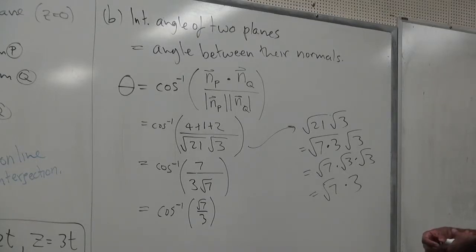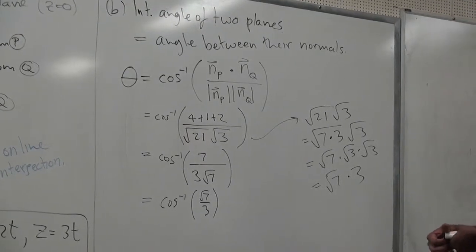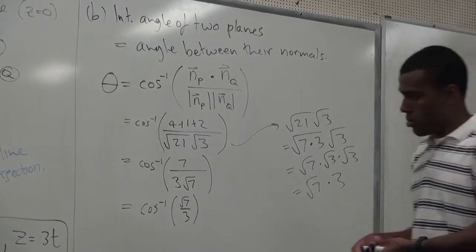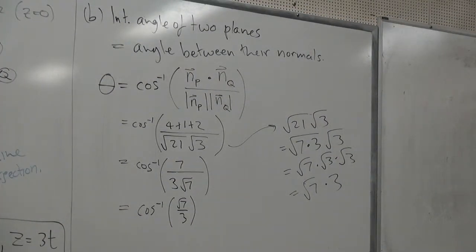Okay, so radical 7 over 3 is roughly how much? It's not quite 1.